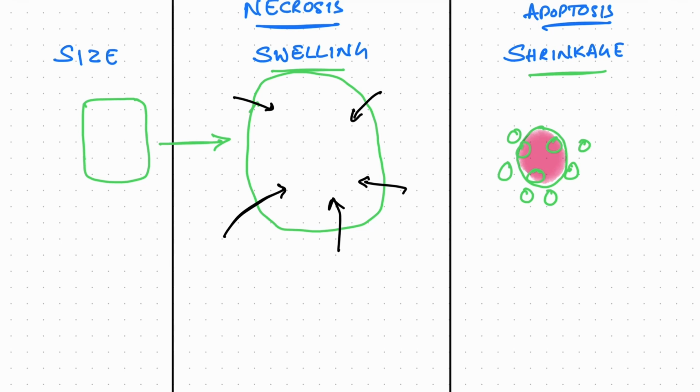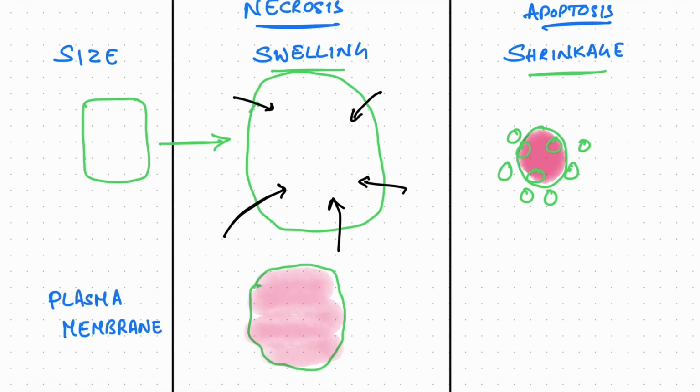And this brings us to one of the most important differences, the plasma membrane. In necrosis, the plasma membrane becomes progressively damaged and eventually loses its integrity. Once the membrane is disrupted, the contents of the cell can leak into the surrounding tissue.